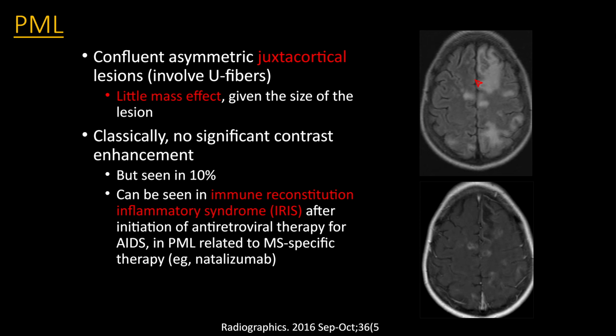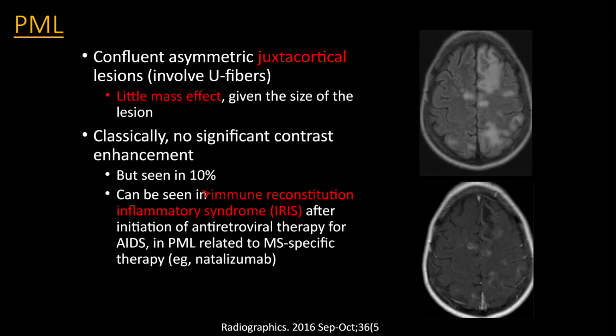So there'll be confluent juxtacortical lesions. They'll have very little mass effect given the size of the lesions. And the classic situation is that there's going to be no contrast enhancement. However, in 10% of all cases of PML, you're going to see contrast enhancement. So it's not universal that you'll see no contrast enhancement. But also more importantly, you can see contrast enhancement in the setting of immune reconstitution inflammatory syndrome.